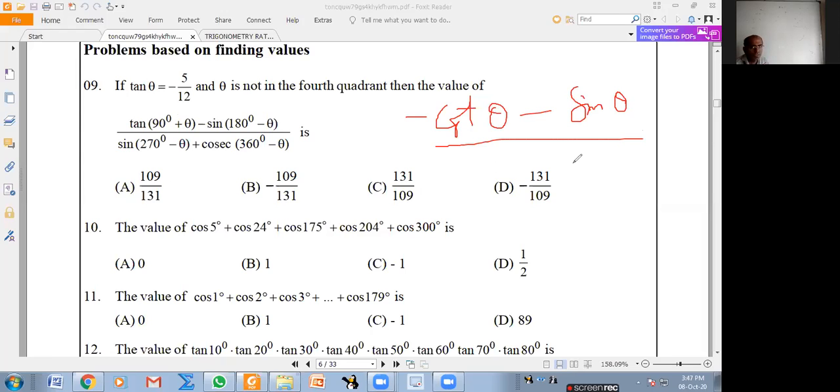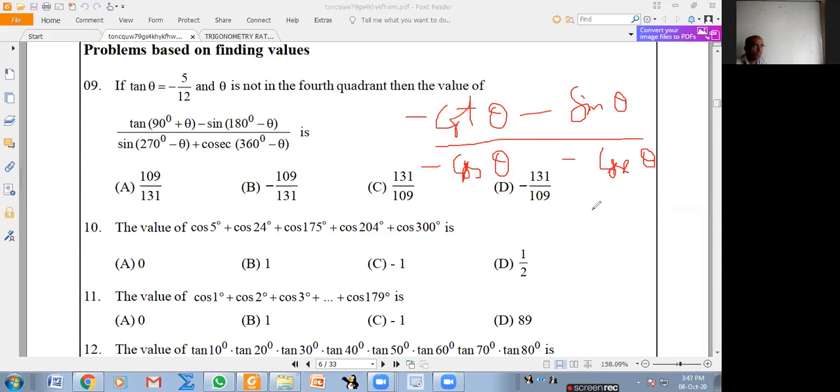The 90 is an odd multiple, that's why tan became cot, and it is in the second quadrant, so minus. For sin(180 minus theta), 180 is an even multiple, that's why it remains sin, and plus because of the second quadrant. For 270, it becomes cos theta, and 270 minus theta is in the third quadrant, so minus. For cosecant, 360 can be neglected; cosecant of minus theta is minus cosecant theta.